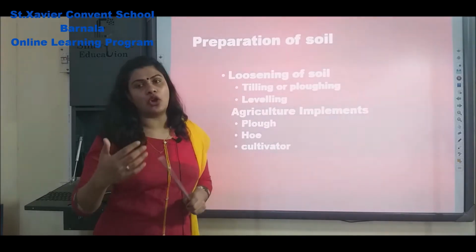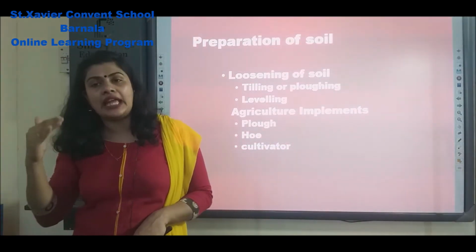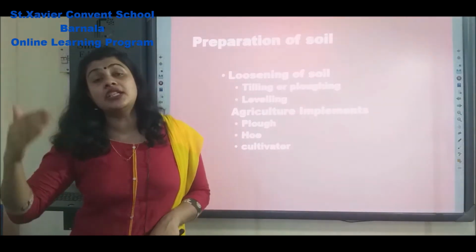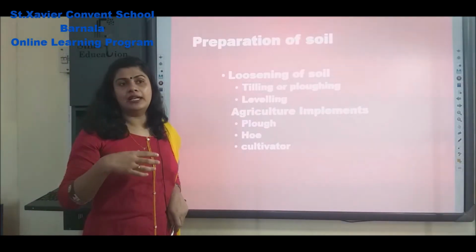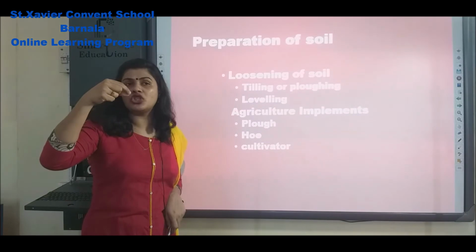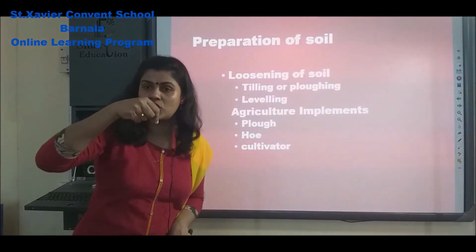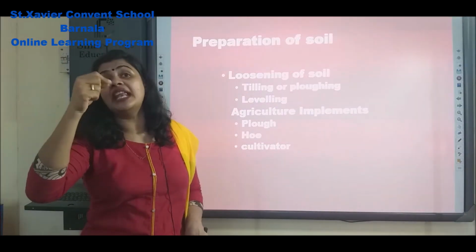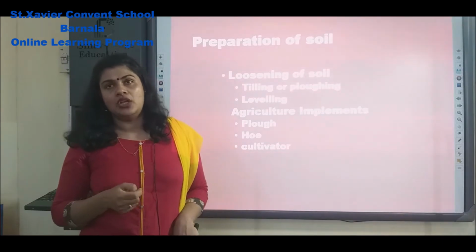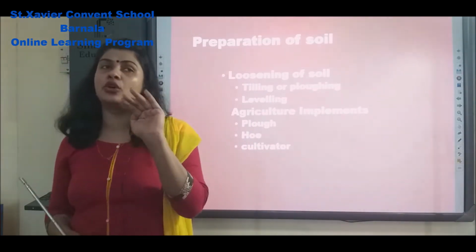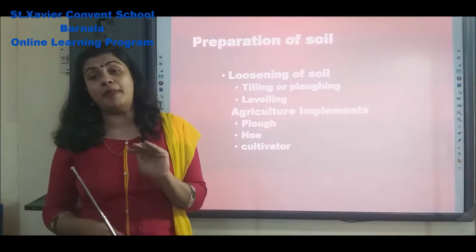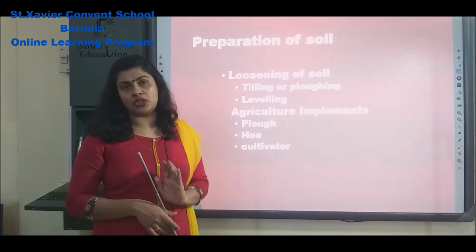Before growing a crop, the important task in agriculture is to turn the soil and loosen it. Why are we loosening this soil? When plant roots need to penetrate into the soil, only then can these roots breathe easily. So loosened soil helps in the growth of earthworms and microbes present in the soil.